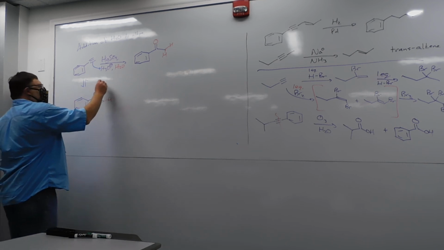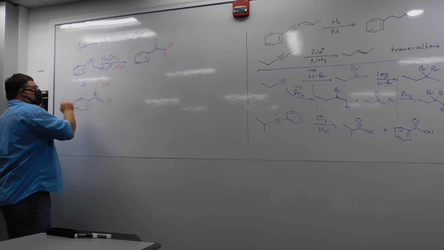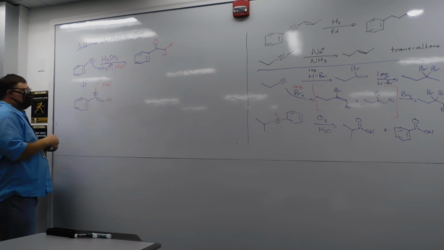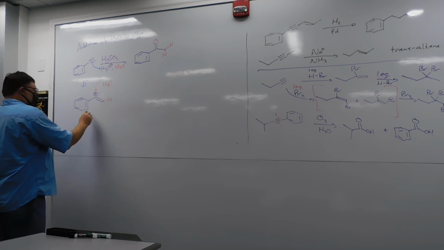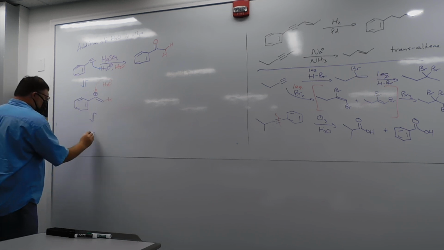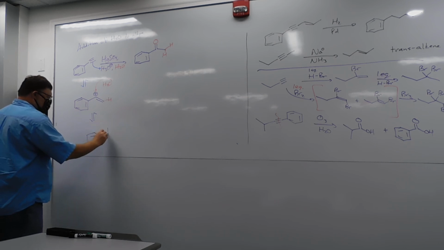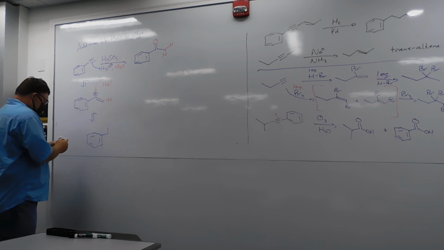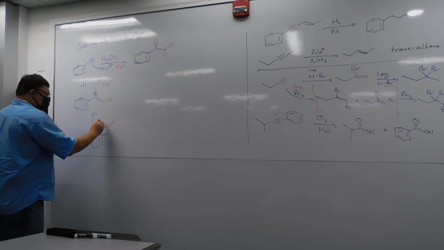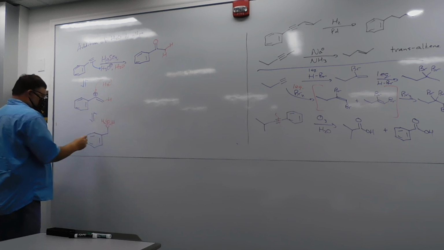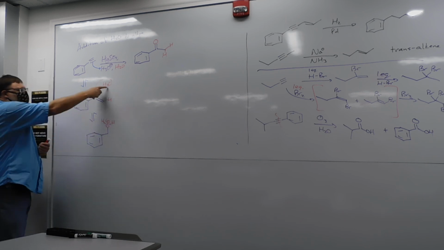All right, and then we have water, which will attack, and I really can't emphasize this enough because I saw it a lot on the quiz. I'm about halfway through grading the assignment you guys turned in this morning. All right, so the attack is from water.